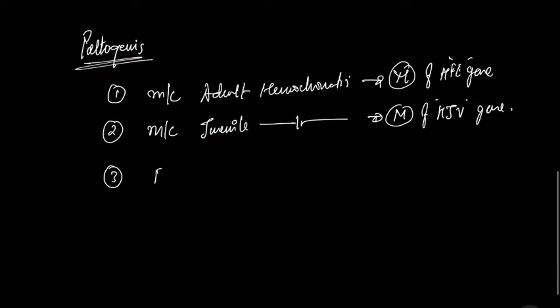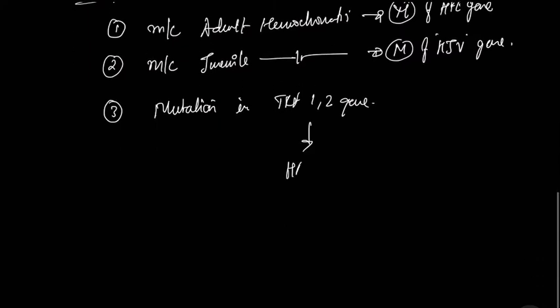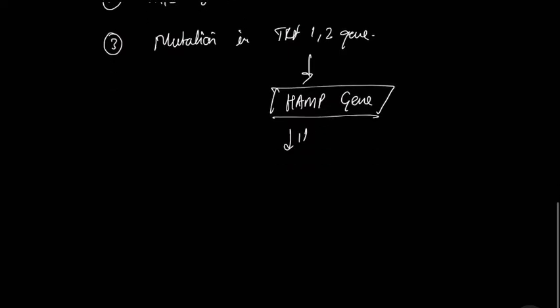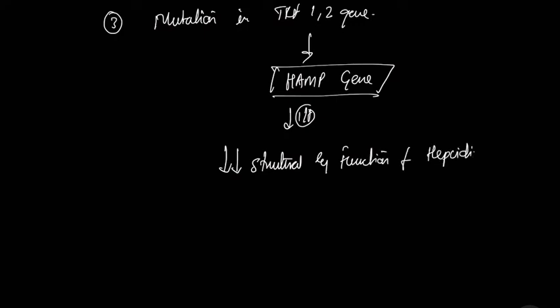Now, the last gene that we studied was your TRF1 and 2 gene. So what happens here is that there is mutation in TRF1 and your 2 gene. All right. So this gives rise to something called your HAMP gene. All right. Now, this HAMP gene leads to decrease in the structure and function of hepcidin.